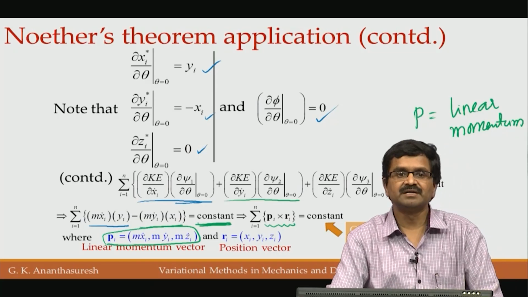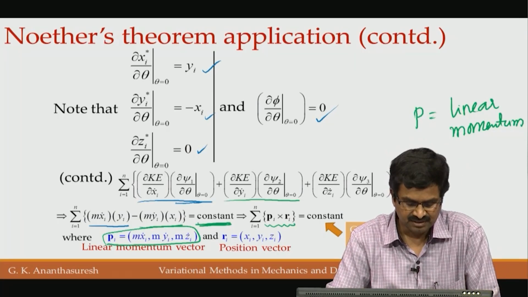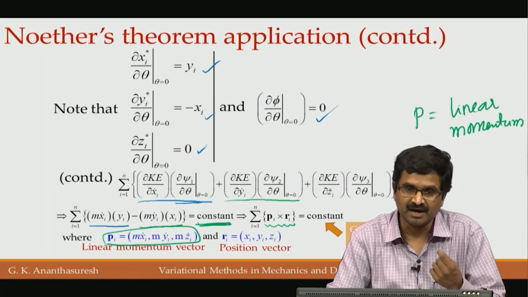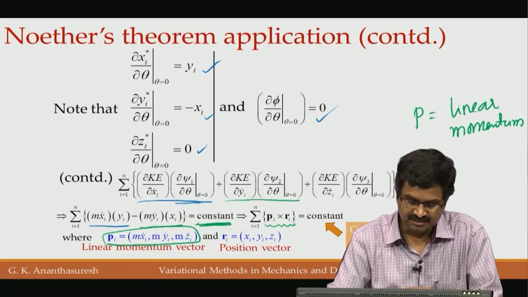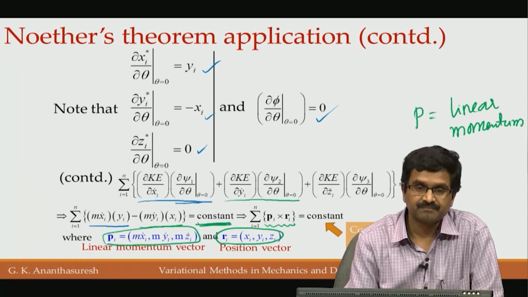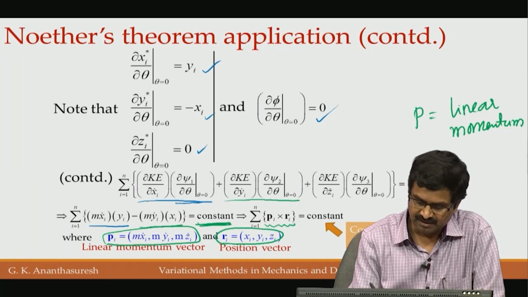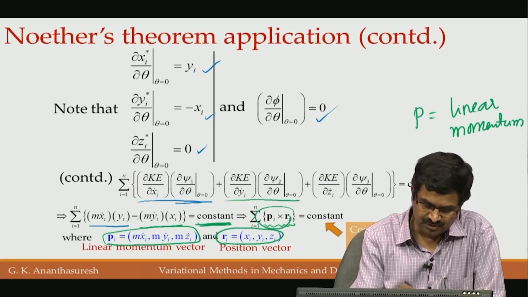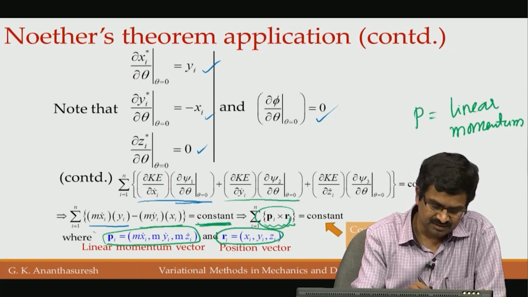It has components m xi dot, m yi dot, m zi dot for each particle, where i goes from 1 to n, the linear momentum vector, and then the position vector r. So, p cross r, that is what we have here, that is what you get when you look at this quantity.